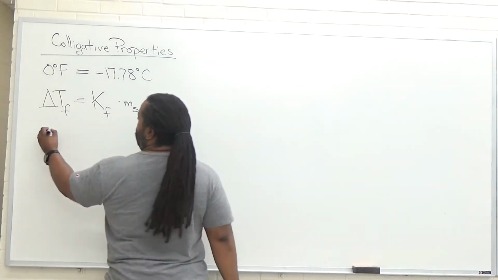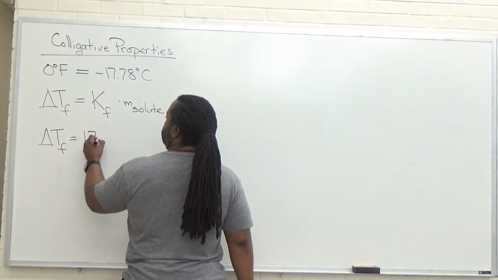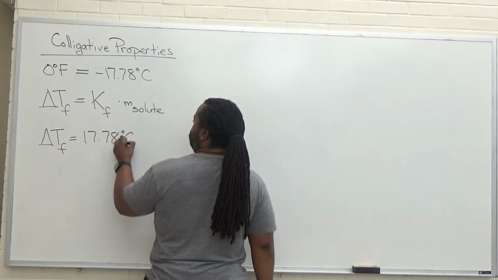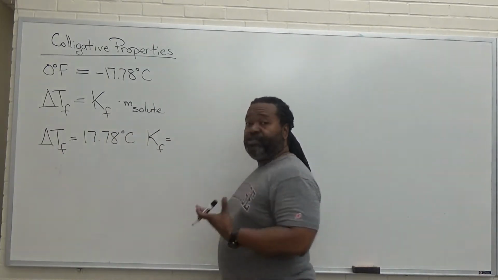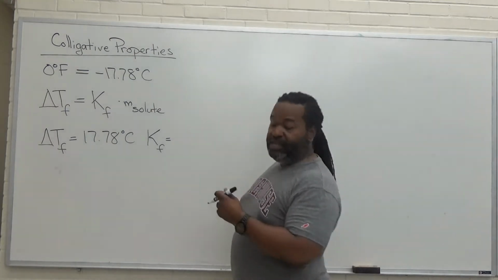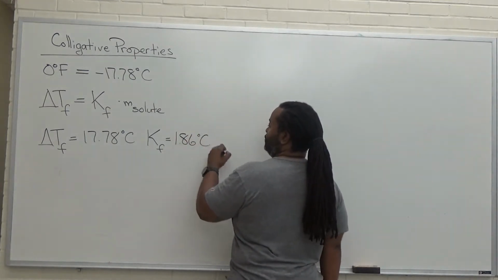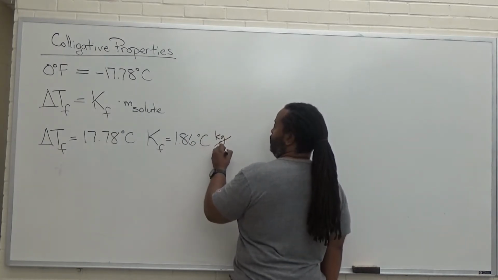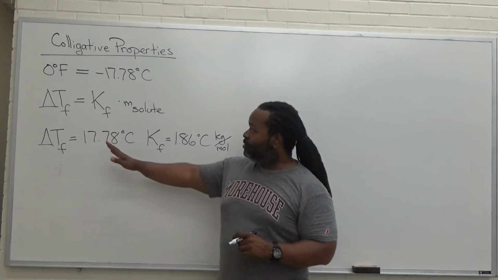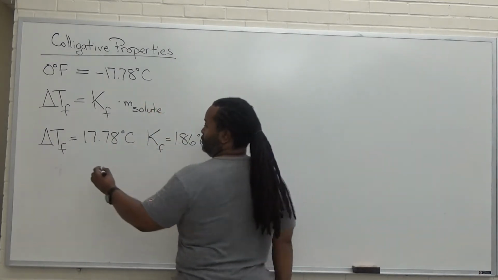So our delta T, as found before, is 17.78 degrees Celsius. Our Kf, we can look that up in a table, and what we have is 1.86 degrees Celsius kilogram per mole. So I'm going to now solve for the target molality.